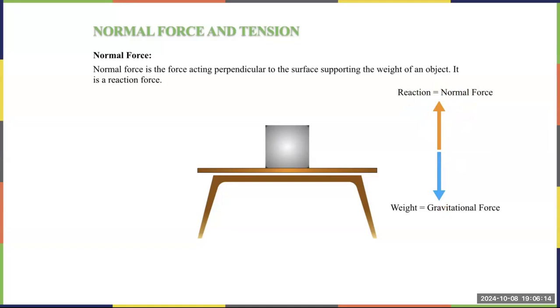Now, whenever you are measuring your weight on a digital scale, what it is measuring is the reaction force, your normal force. How much the surface reacts against you. That's what it is measuring.